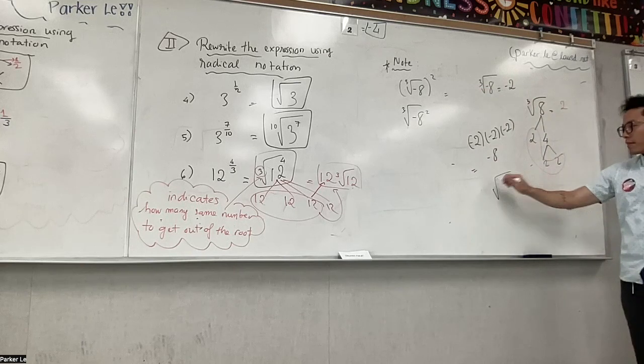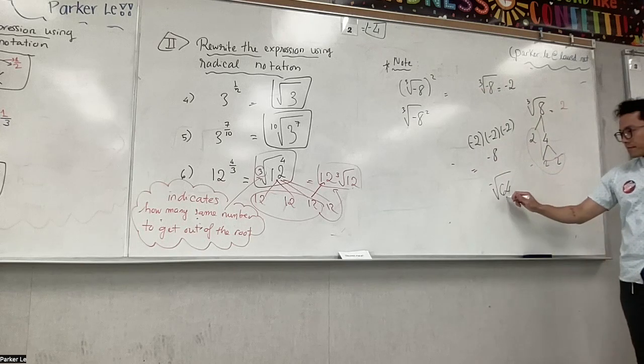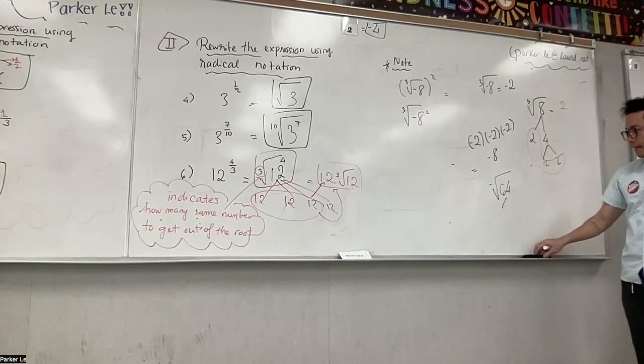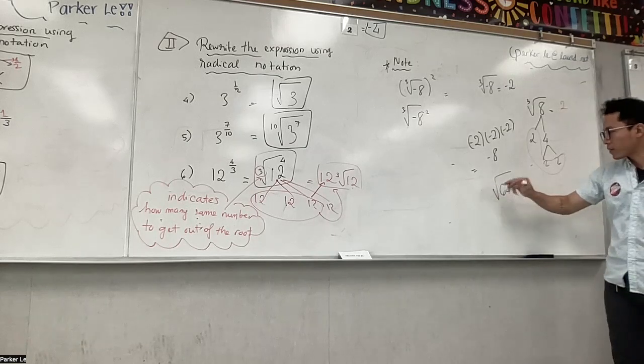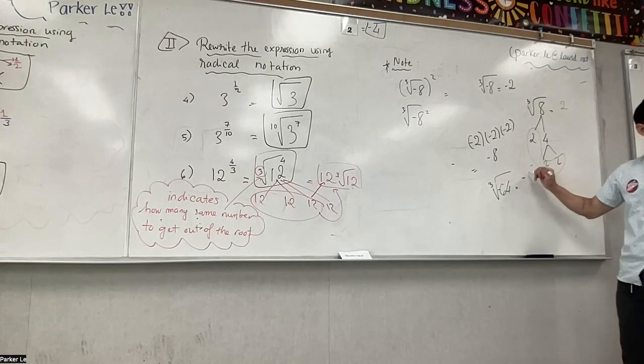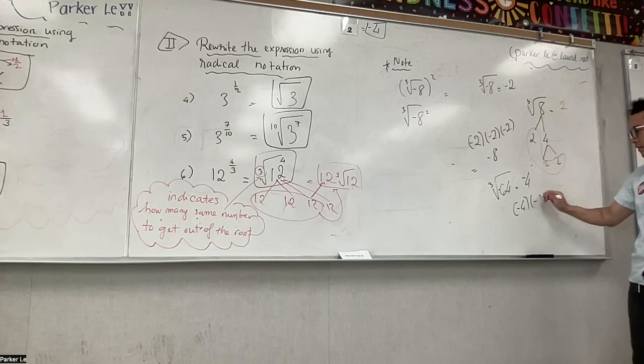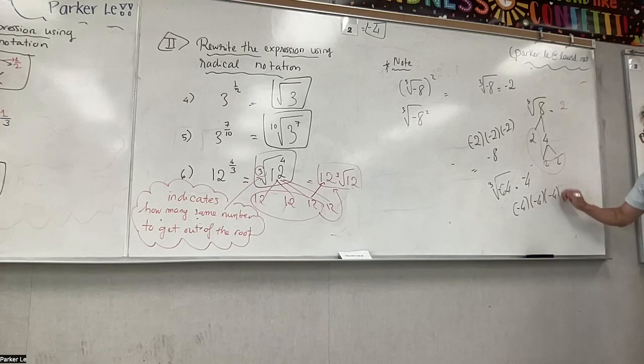What is the cube root of 64? 4, because 4 times 4 times 4 is 64.